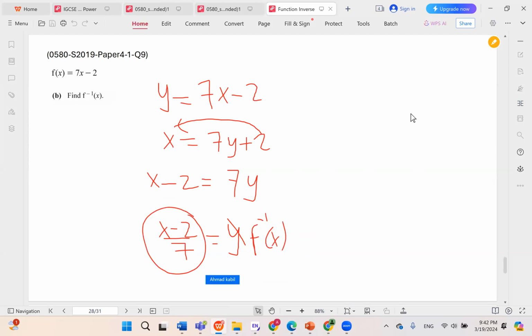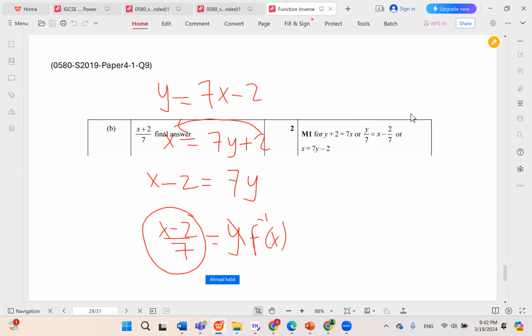And this is the final answer, x plus 2 over 7. So I just made a small mistake here. This was minus and I made it plus. So this becomes minus here. And then when it goes to the other side, it becomes plus. This was my mistake. So it's actually x plus 2 over 7, not x minus 2. And that is the final answer.